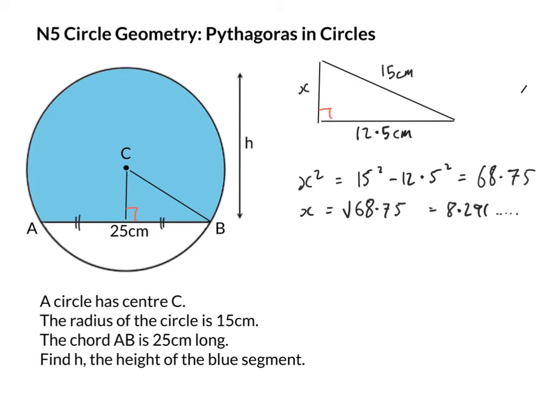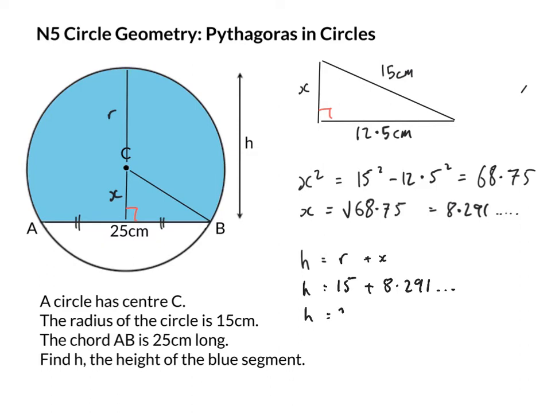So, to find the height, I need to take my value of x, and I need to add on this line here, which is another radius. So my height is going to be my radius plus x. My height is going to be a radius of 15 plus this value of x.